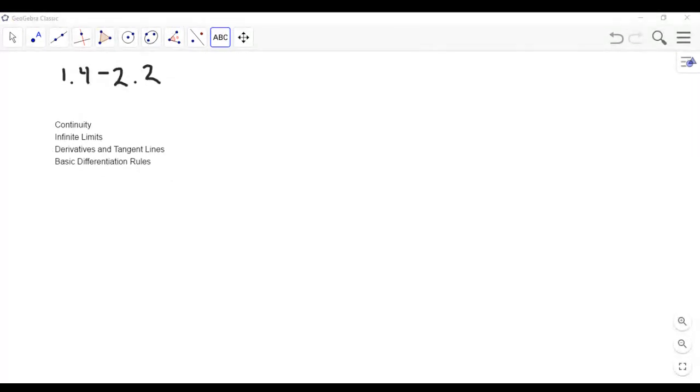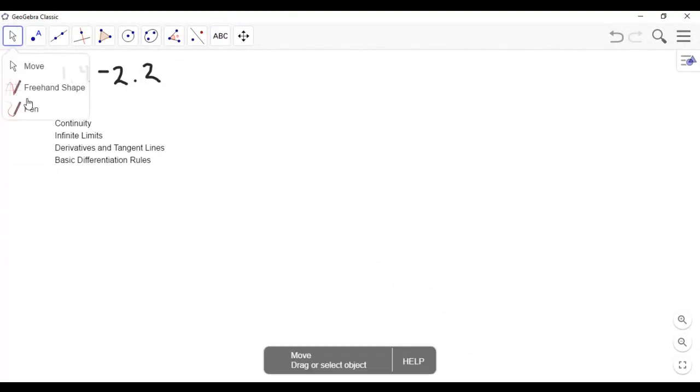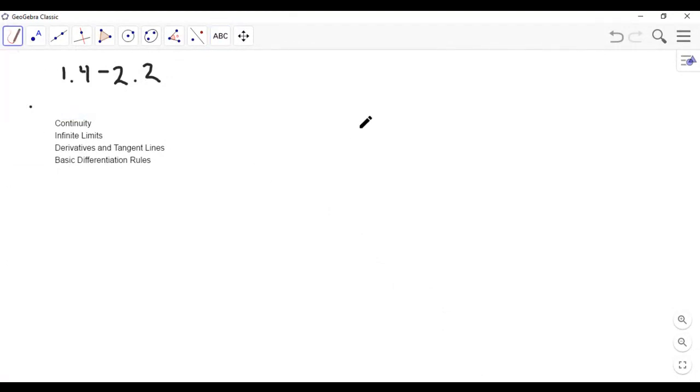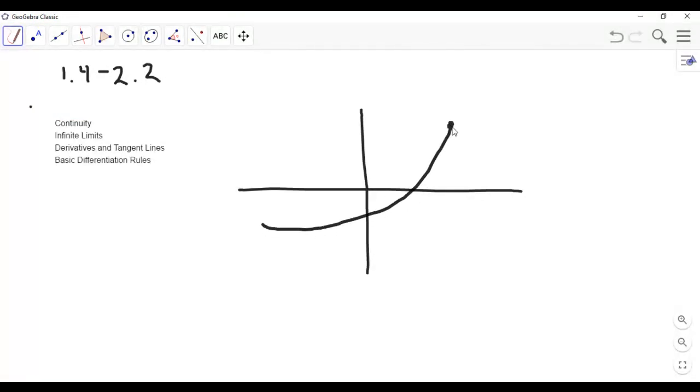You got someone saying where f of x exists. That's part of continuity, but not all of continuity, right? Because we can have a function that's defined, if we just drew out a quick example. We can draw a function, say, like this, and it'll be defined for the whole set of real numbers.